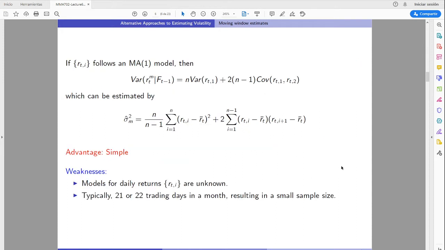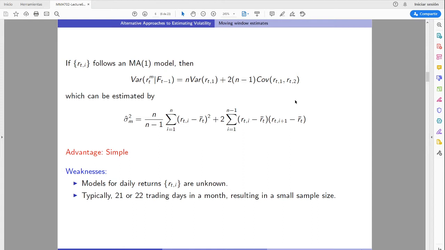If the series of daily returns is not white noise, but it follows an MA(1) model, which has the advantage of extreme simplicity, then our variance can be estimated in this way: n times Var(R_t^1) plus 2 times (n minus 1) times Cov(R_t^1, R_t^2).